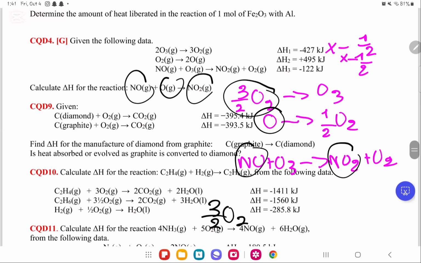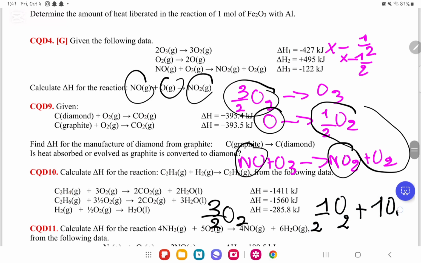In the product side, we have 1/2O2 plus 1O2. Now, if we have reactants and on the product side, we can subtract them. So, if you are gonna do it, it will become 3/2O2 minus 3/2O2.